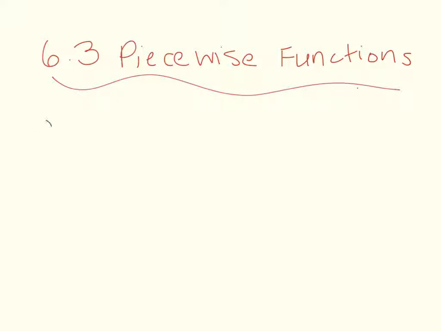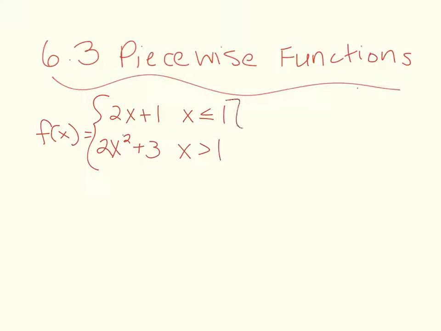So they can look like something like that, okay, where you've got different functions based on the value of x. And you're going to do two things with this. One is graph it, and the other is evaluate based on a value.